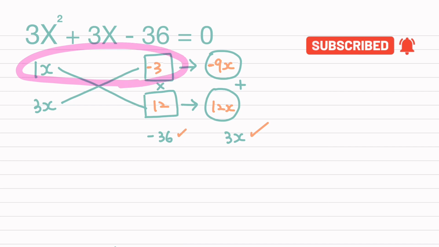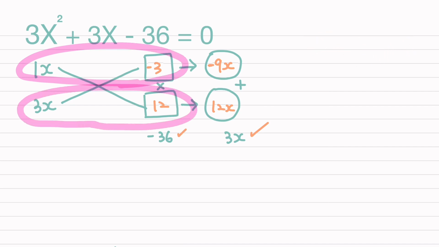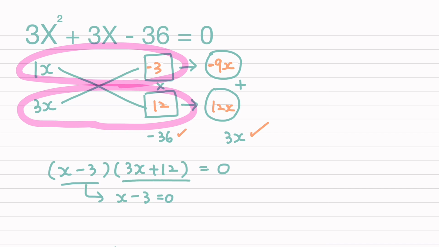Let's group numbers together. First, the pink circle gives me x minus 3. The second circle gives me 3x plus 12, and it's equal to 0, meaning either x minus 3 is equal to 0, or 3x plus 12 is equal to 0.